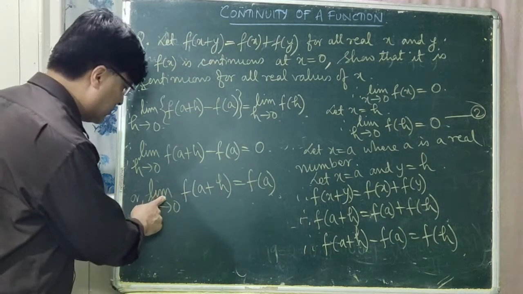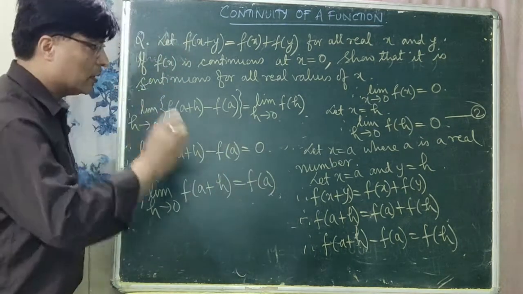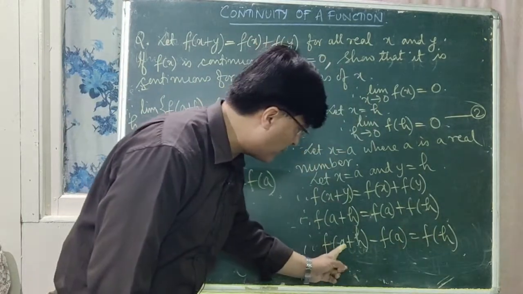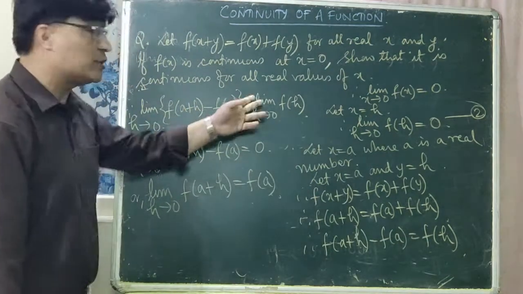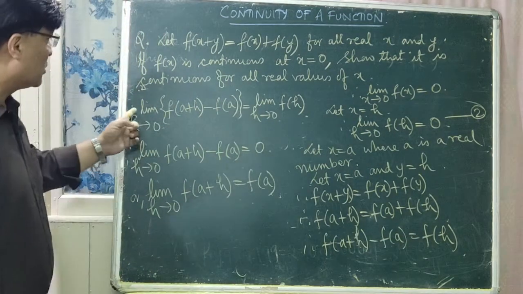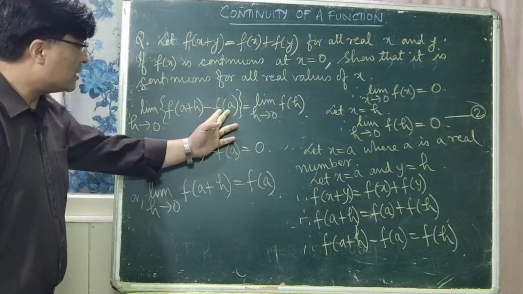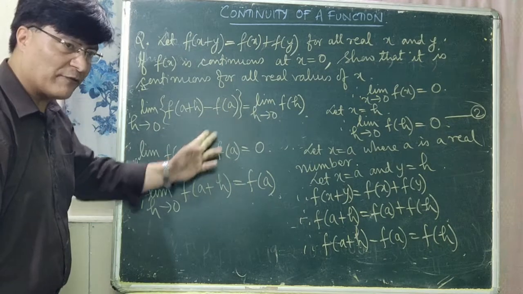So this is the definition of continuity of a function at x is equal to a. Since we have proved that limit h tends to 0, f of a plus h is equal to f of a. After we got the expression f of a plus h minus f of a is equal to f of h, we take limit h tends to 0 on both the sides. Since f of a is free from h, you don't have to write down the limit; it becomes f of a.